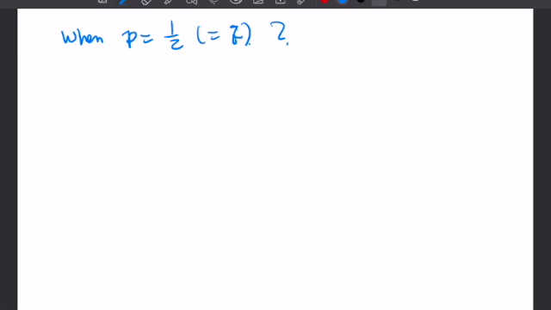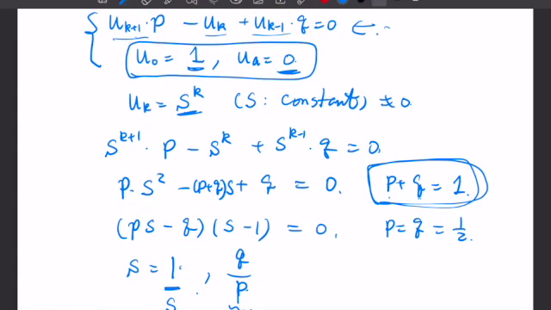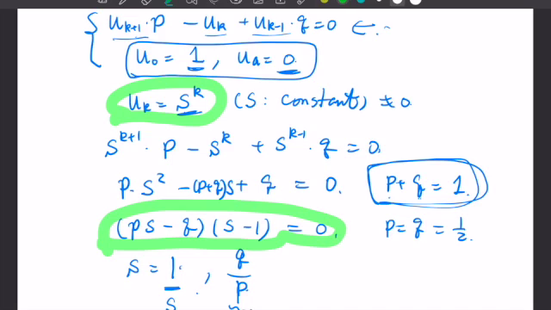So how can we solve the case for P equal to 1 half? In this case, if we go back to the previous process, look at this. First we assume this form, then we got this solution for s. But when P is equal to 1 half, the two solutions of this quadratic equation are both 1.